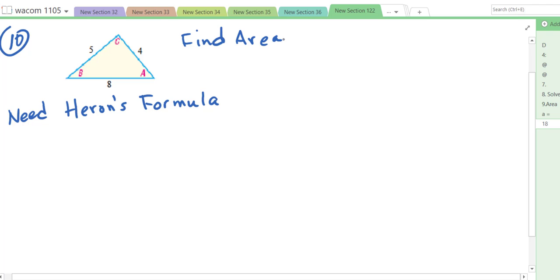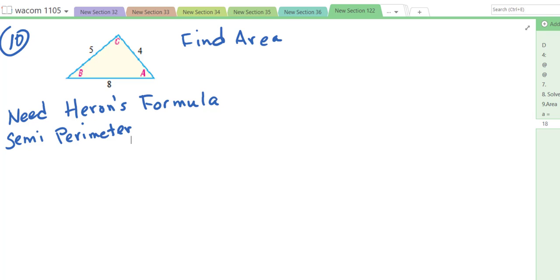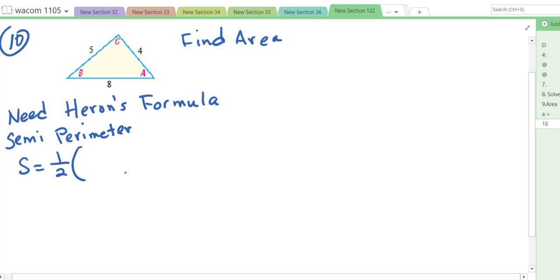All right. So you have to find the semi-perimeter, which is 1/2 times the sum of the sides, a plus b plus c. This is a. This one is b. This one is c.